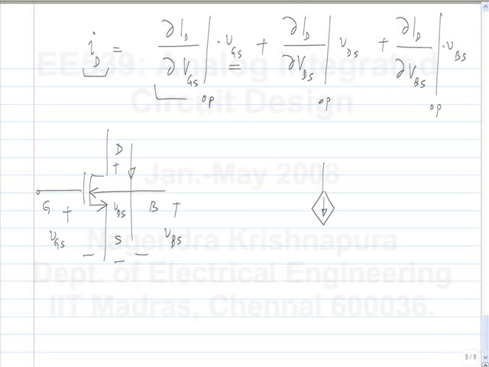And this constant, which relates the increment in ID to increment in VGS, is known as the transconductance GM, okay, because it has dimensions of conductance, but it is the increment that is transferred from one set of terminals to a different set of terminals. Similarly, this derivative with respect to VBS is known as a transconductance from the bulk source terminal, okay.